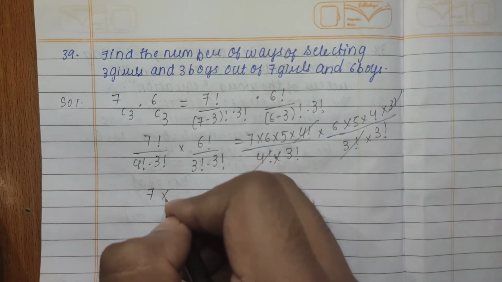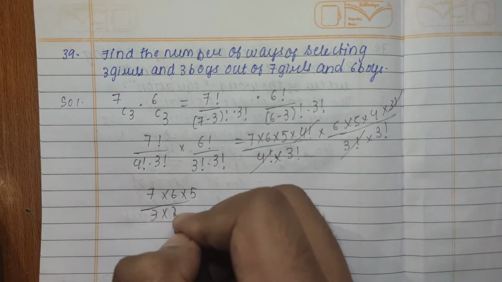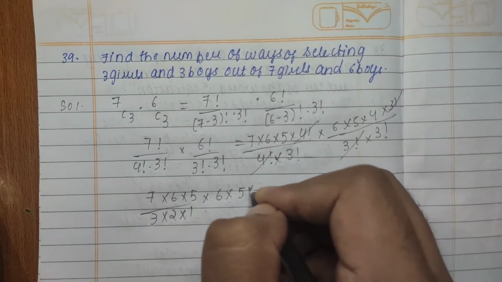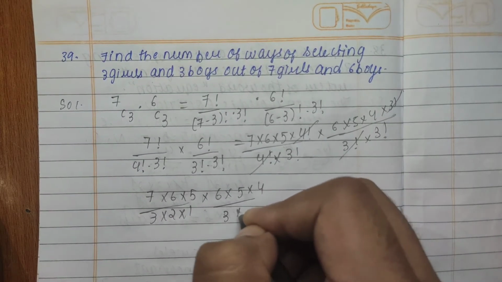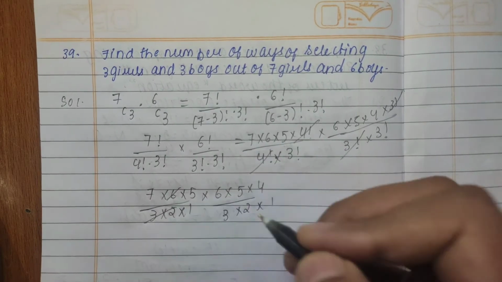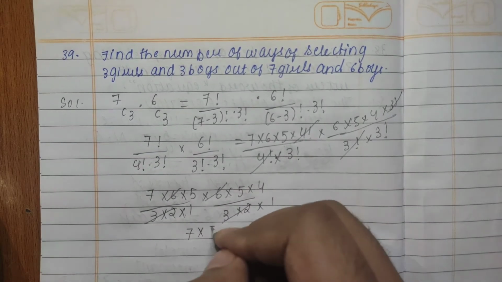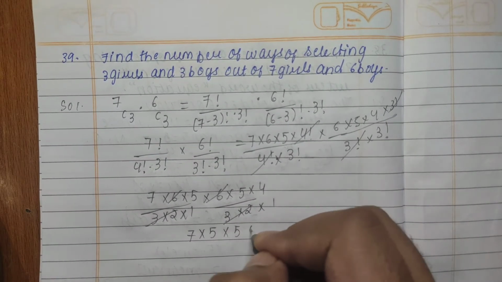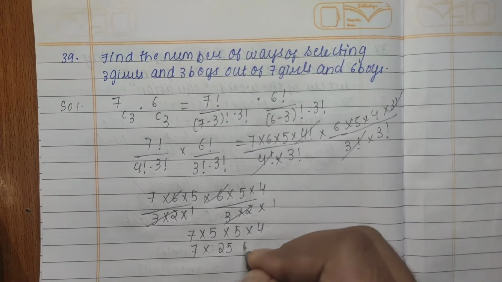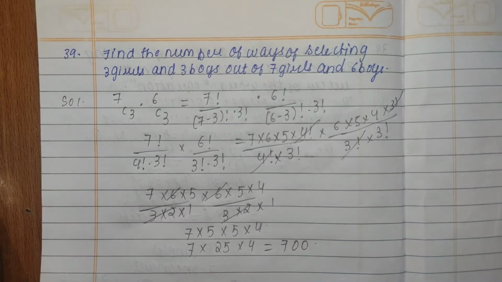So 7 into 6 into 5 by 3 into 2 into 1 into 6 into 5 into 4 by 3 into 2 into 1. So cancel. So this is 7 into 5 into 5 into 4. 7 into 25 into 4. That is 700. That's it.